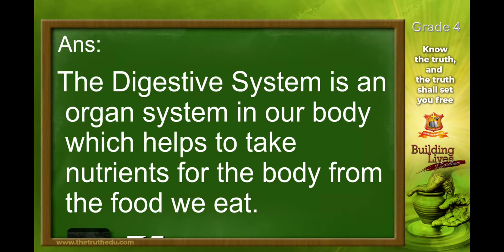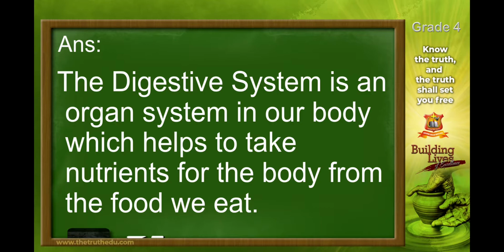In the previous lesson we learned about teeth, how we chew our food, how we eat, and the types of teeth. So now we'll see why we eat food, and how the food gets transformed into energy that our body uses.